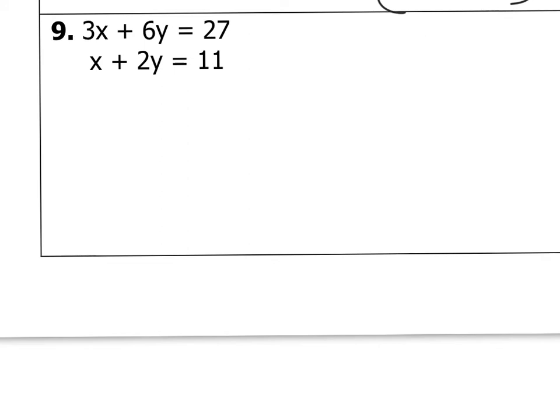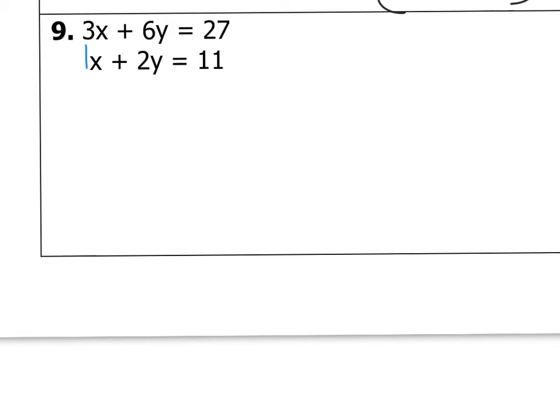Now I've got to decide what is the easiest way to get the same number, because I notice, unlike the last problem, there are 3 x's up here. I'm going to fill in my invisible 1. There's only 1 x down below. I have 6 y's here, but only 2 y's here. So I've got to figure something out.